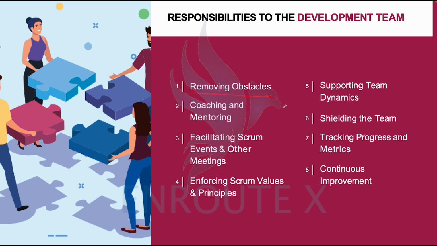They could have some slight differences, but they are synonymous in meaning. Anything that is affecting the delivery of a sprint goal could be referred to as an obstacle or impediment. So, of course, the Scrum Master is supporting the developers to remove those impediments.